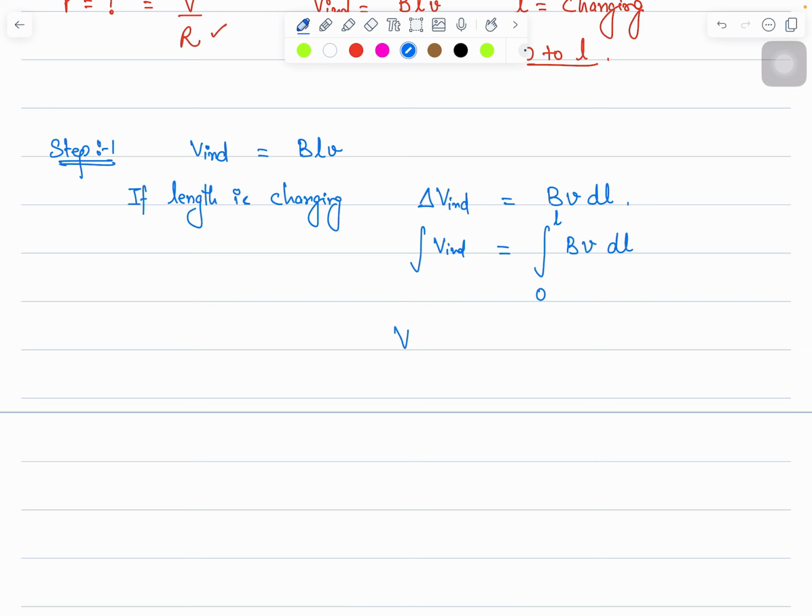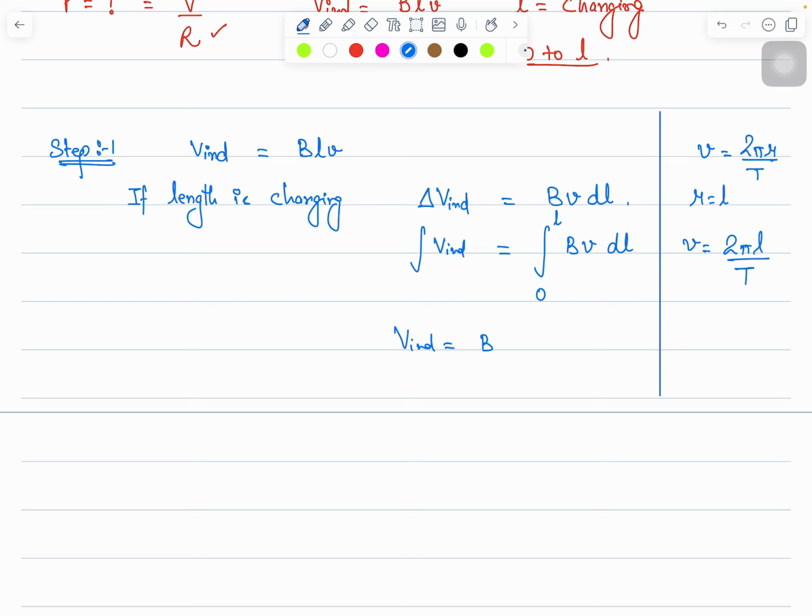So here you get V induced, which is equal to B. Okay, we know what is V. Okay, what is velocity? Tell me, what should be the formula of velocity? I can say 2 pi R divided by T. Yes or no? 2 pi R divided by T. Okay, can I say V is equal to, because in this case R is equal to L, 2 pi L divided by T. Fine.